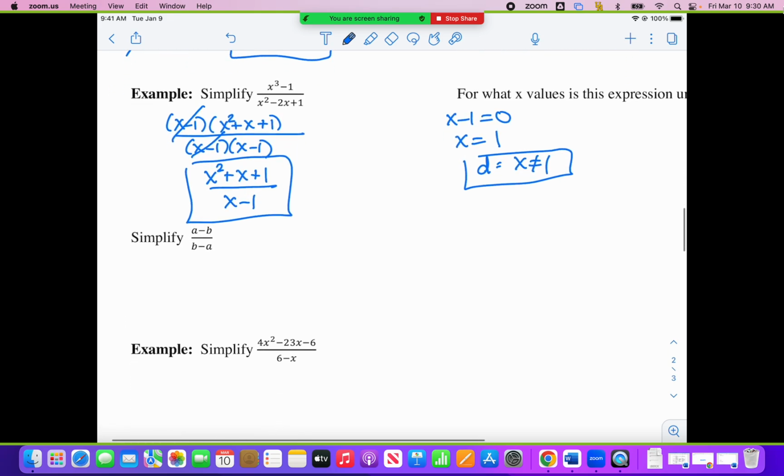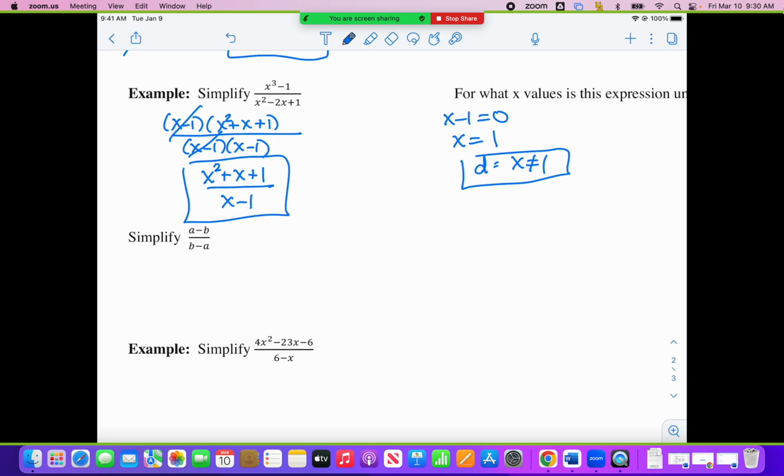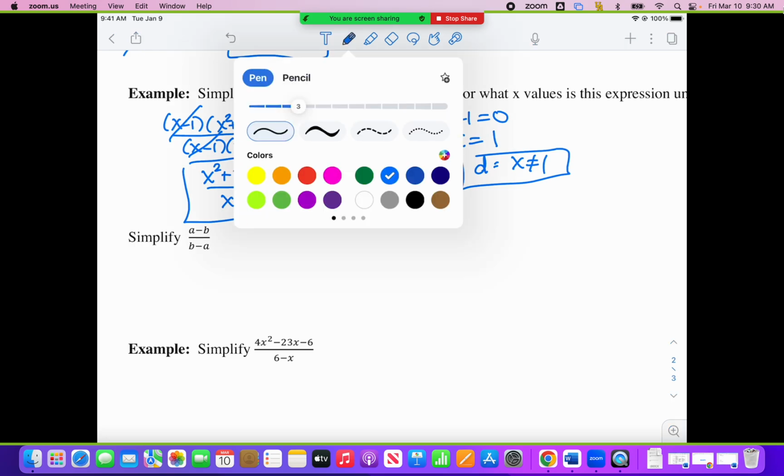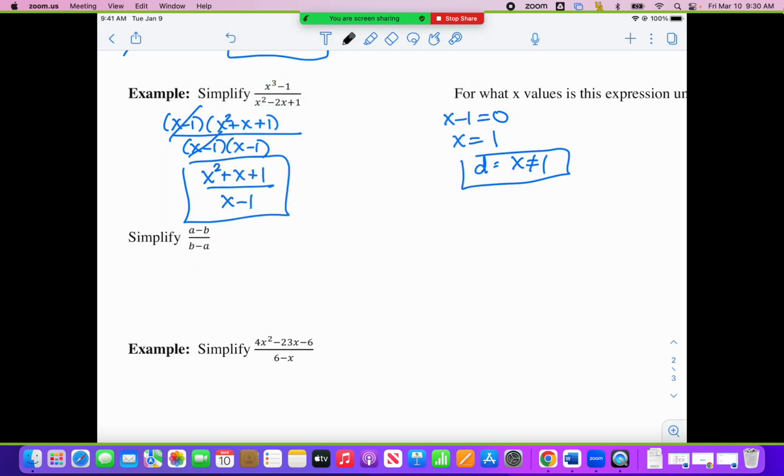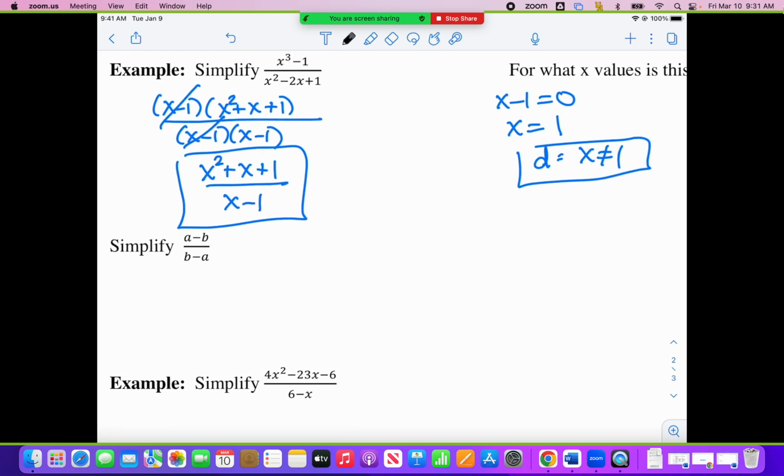All right, then, to round up the notes here, there's one last tricky part. If you have a minus b over b minus a, let me go through a process here with you. In the bottom, go ahead and write every step with me. If I switch the order, that's called the commutative property.